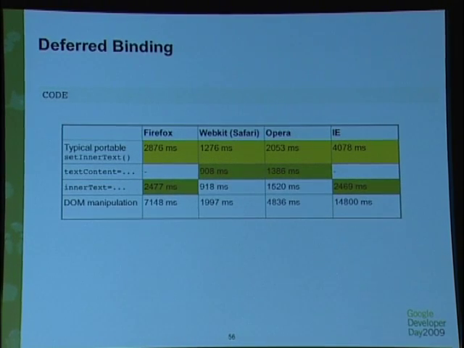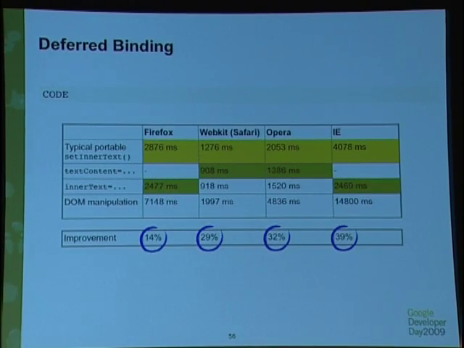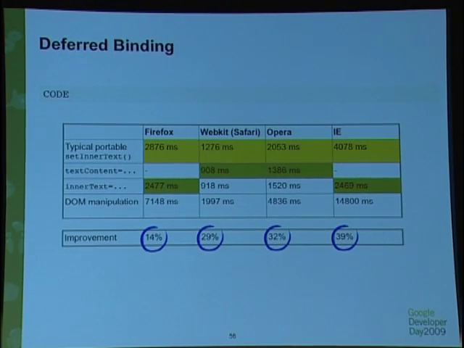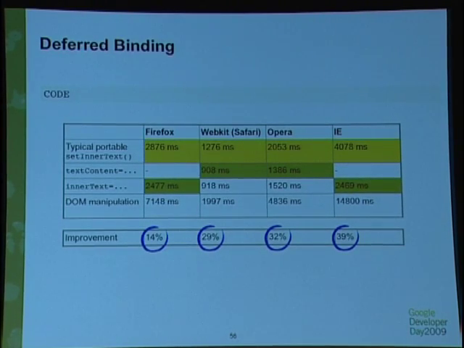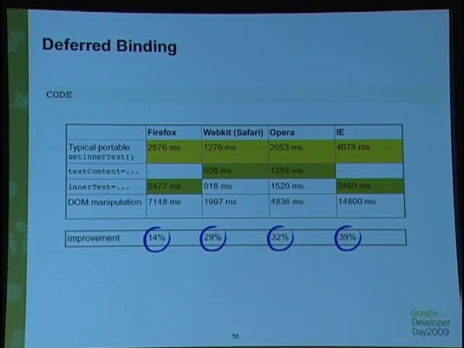In fact, if you follow the green boxes, you'll see that the fastest way to do it is different in each browser. And what GWT does is it allows you to use the green option in each case. And so you get a 14, 29, 32, and 39% increase in performance for that little application without having to pay the cost.